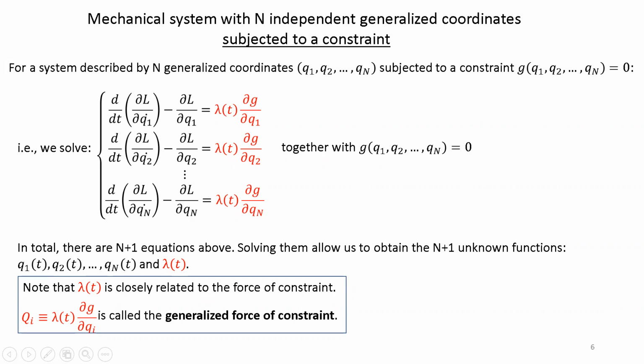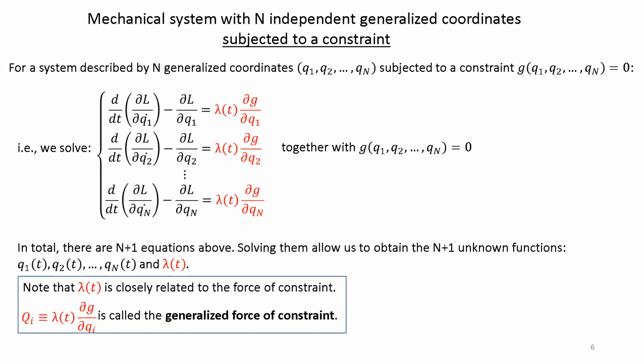And as I told you, this lambda t partial derivative times this partial derivative would be the force of constraint. In fact, these are called the generalized forces of constraint. You understand why I call this generalized: because if you are not using x, y, z but other q as the generalized coordinates, that's why this is called the generalized force of constraint.